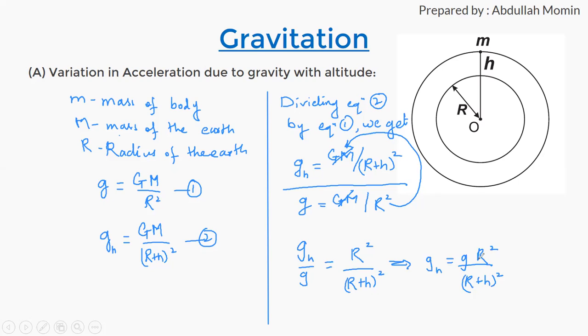This equation shows that acceleration due to gravity goes on decreasing with increase in altitude of the body from the surface of the earth. So we can rewrite this equation as gh is equal to g R square upon R plus h whole square.